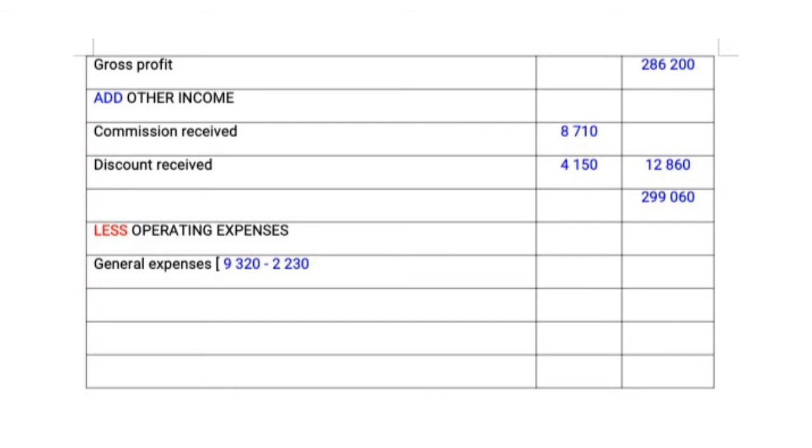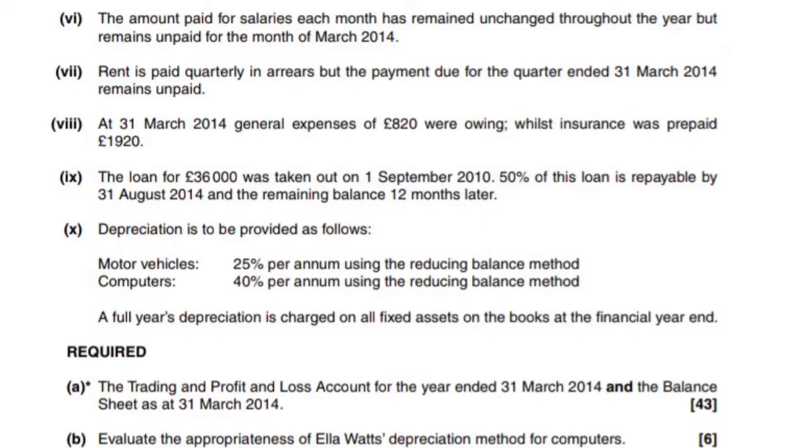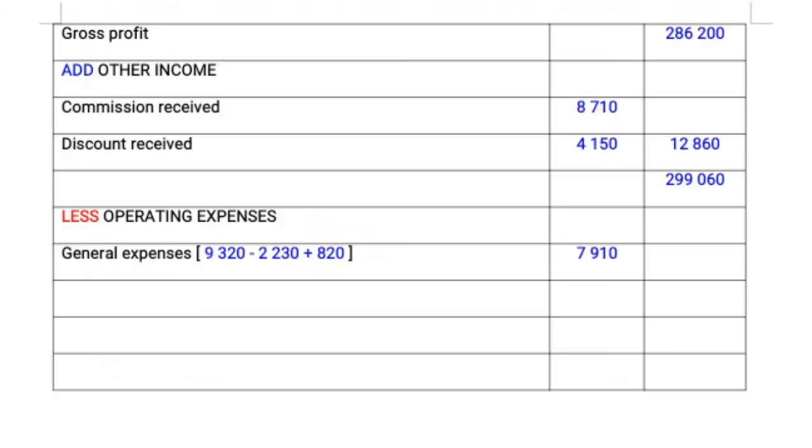Right. So before you conclude the adjustment, you have to check under additional information if there is any adjustment relating to general expenses. Yes, there is adjustment number 8. At 31 March 2014, general expenses of 820 were owing. So it means that I'm going to add 820, applying the accrual concept. If any amount remains unpaid, remember when preparing the income statement, you use the accrual basis.